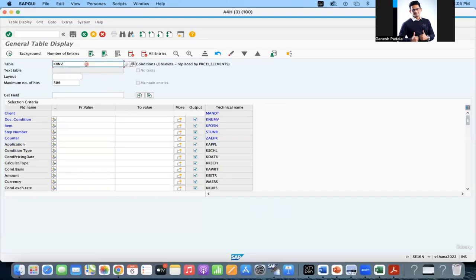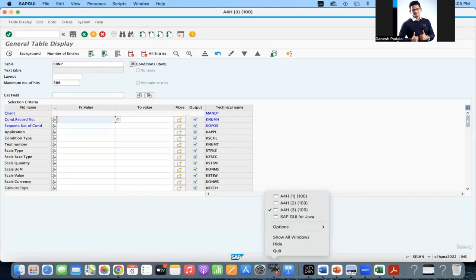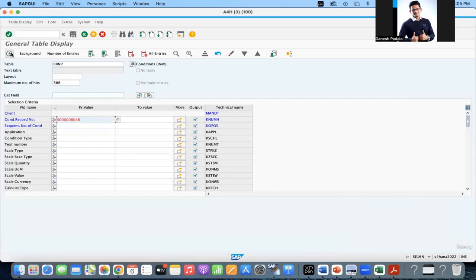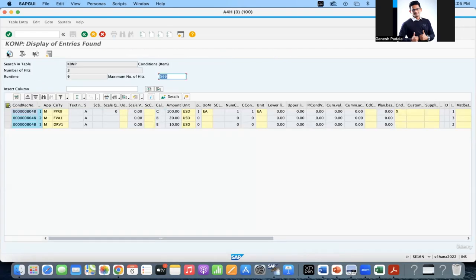Okay. So KONP, conditions item. And this is the condition record number 8048. Execute it. You can see here 3 condition types and the amounts also came.